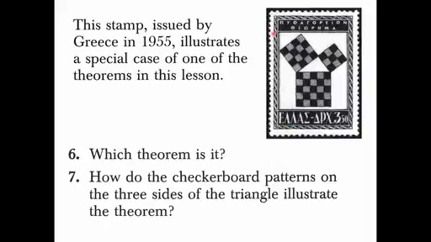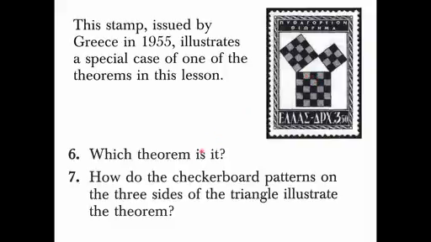Which country do you think would have a stamp with this type of design on it? Well, it tells us right here, it's a Greek stamp. And one of the theorems is demonstrated right here. Hopefully you can tell by seeing that right triangle and the squares constructed on its legs and hypotenuse.